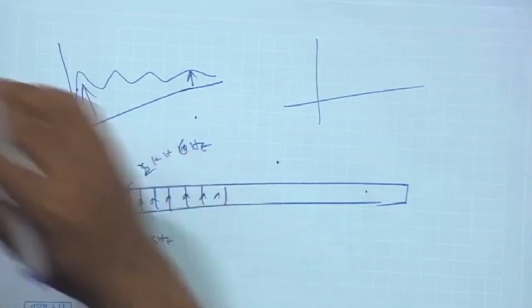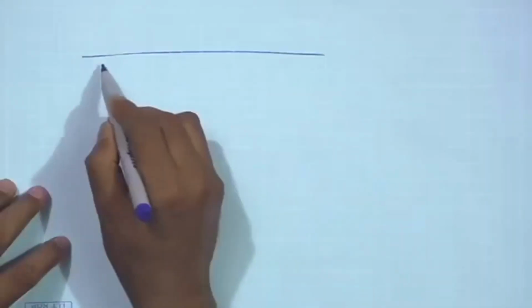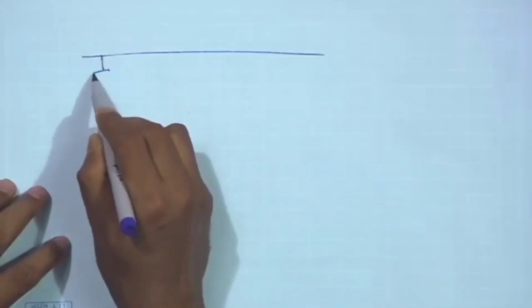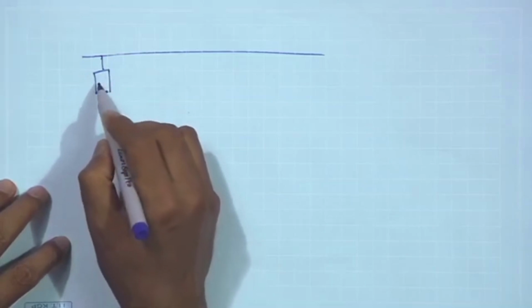So I can say the basilar membrane is nothing but the output of a different filter bank. In an engineering model, the human conversion of the acoustical or mechanical signal to the neural signal is nothing but tank circuits, each a particular filter.